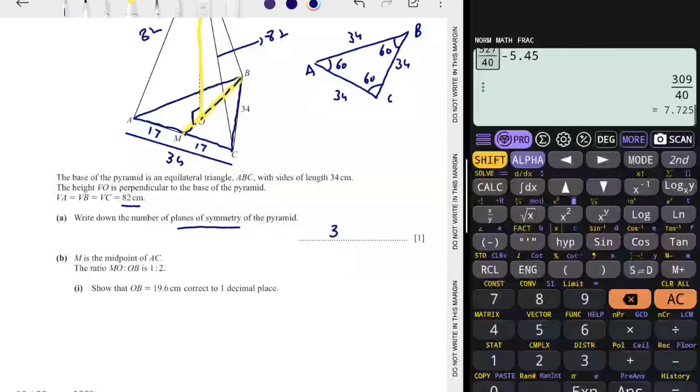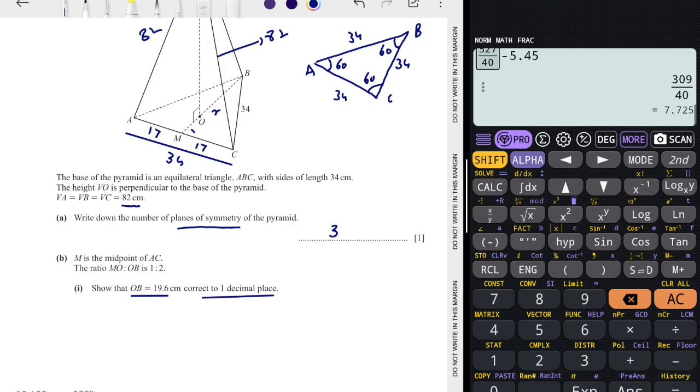The ratio MO to OB is 1:2. So MO is 1 and OB is 2. These are the ratios. Show that OB is equal to 19.6 centimeters correct to 1 decimal place.